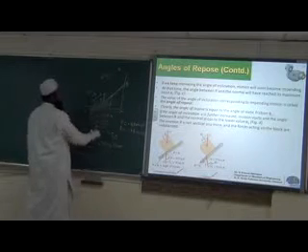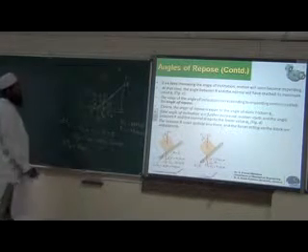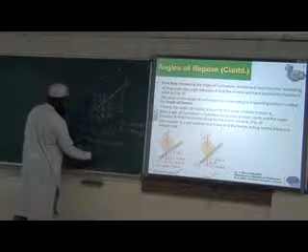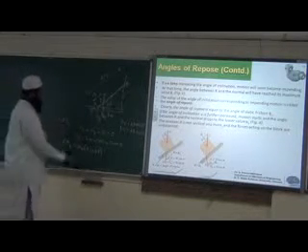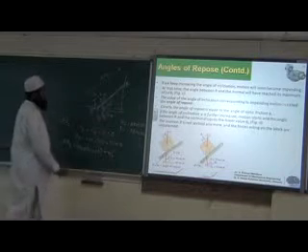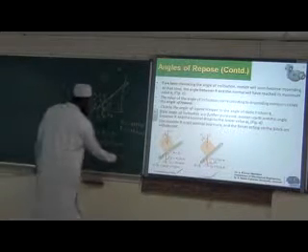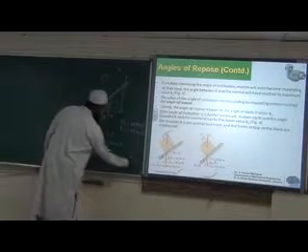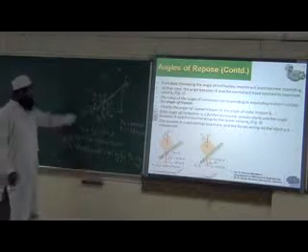The point is E. So you have to consider each force and its perpendicular distance. So WP into EC.